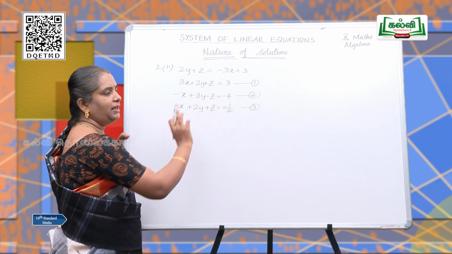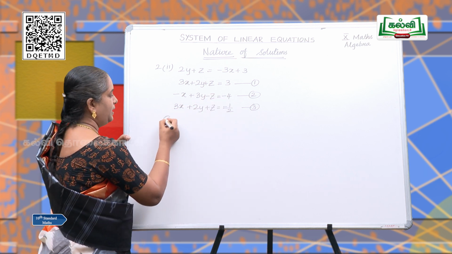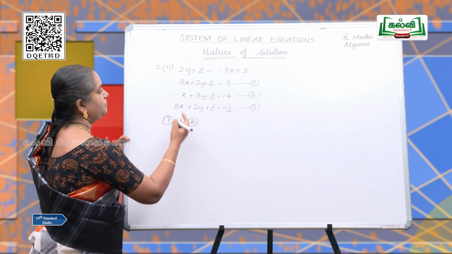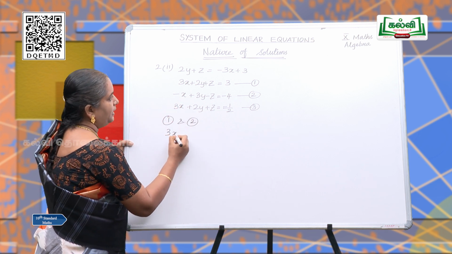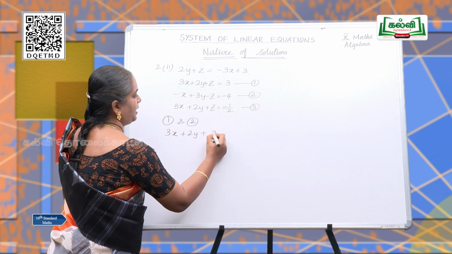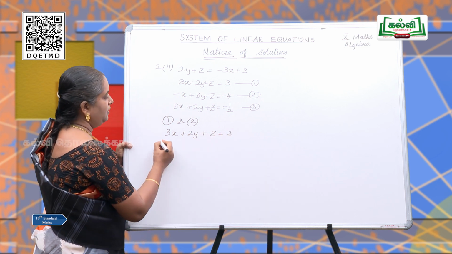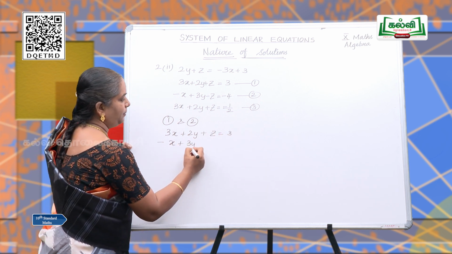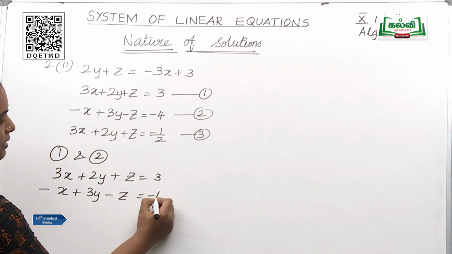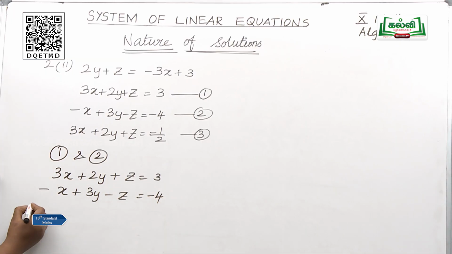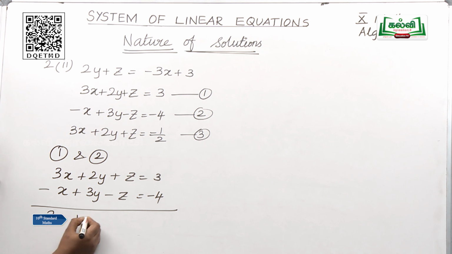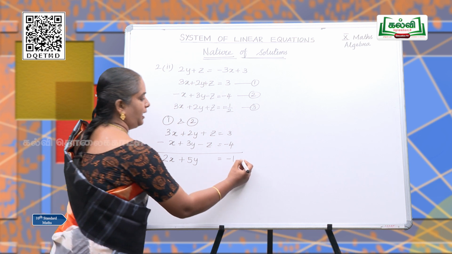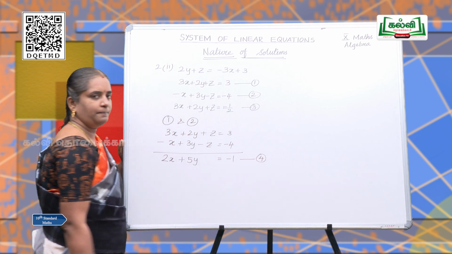Let us eliminate z from 1 and 2. 3x plus 2y plus z is equal to 3 is the first equation and minus x plus 3y minus z is equal to minus 4 is the second equation. Adding, we eliminate z and get 2x plus 5y is equal to minus 1. We can name this as our fourth equation.